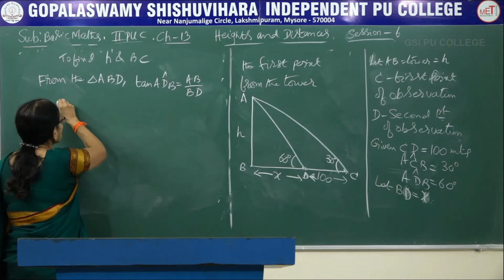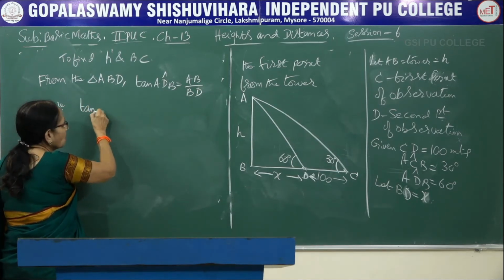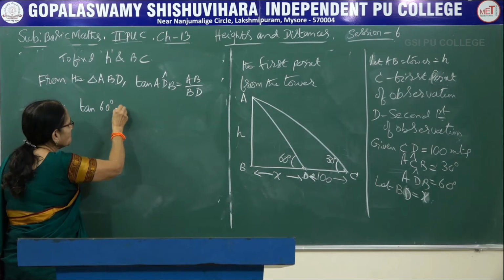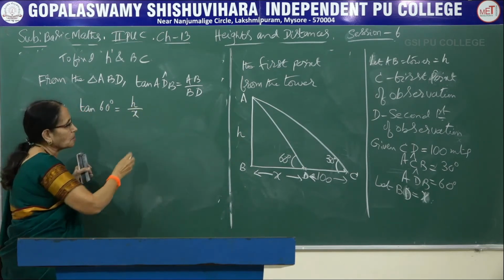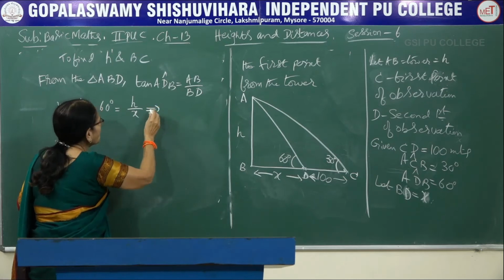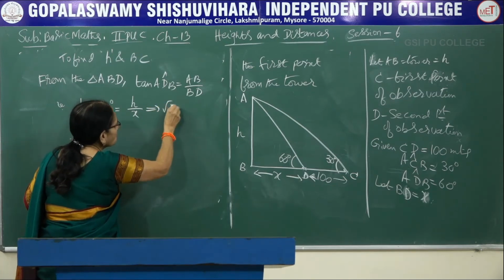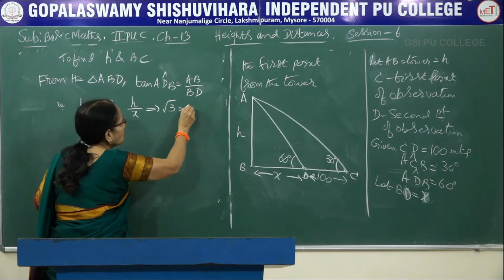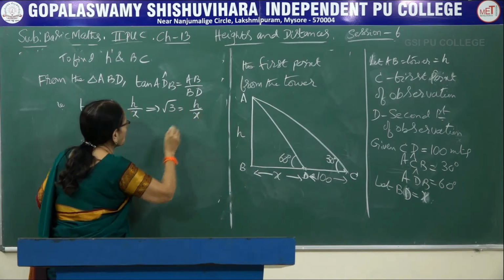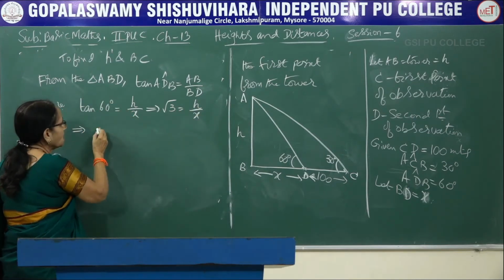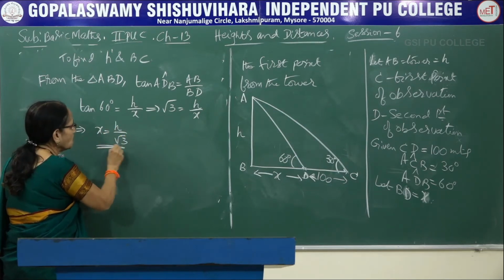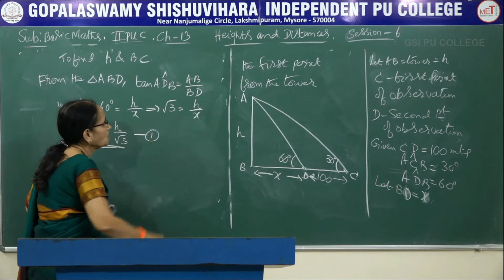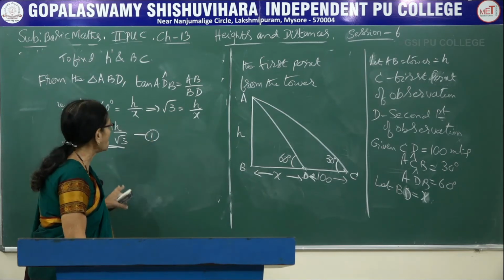Now write the actual value. Tan of 60 degrees equal to h by x. Tan 60 means root 3 equals h by x. Therefore, x is equal to h by root 3. Take it as the first result.